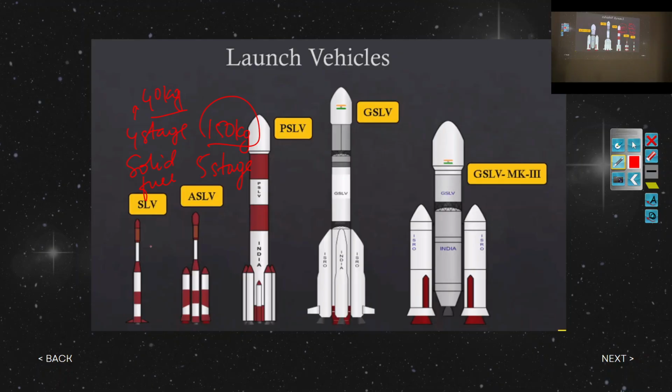To increase the payload, they made it 4 stages, with 2 solid stages and 2 liquid stages, alternating: first a solid stage, then liquid fuel.